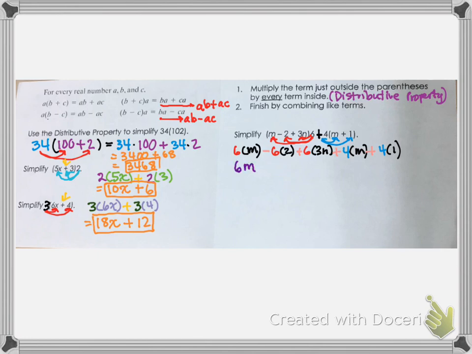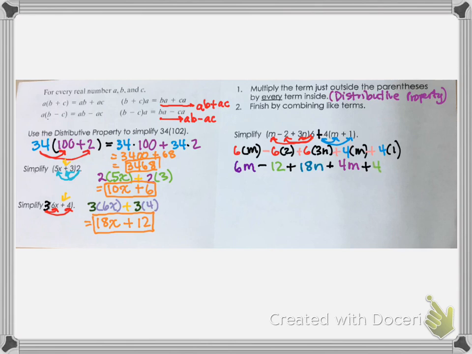So we get 6m, and then we have minus, and then we get just a constant 12, and then it says plus, and we have 6 times 3n, 18n, and then it says plus, and then we have 4 times m, and that's going to be 4m, and then it says plus, and then we have 4 times 1, and that's going to give us 4.